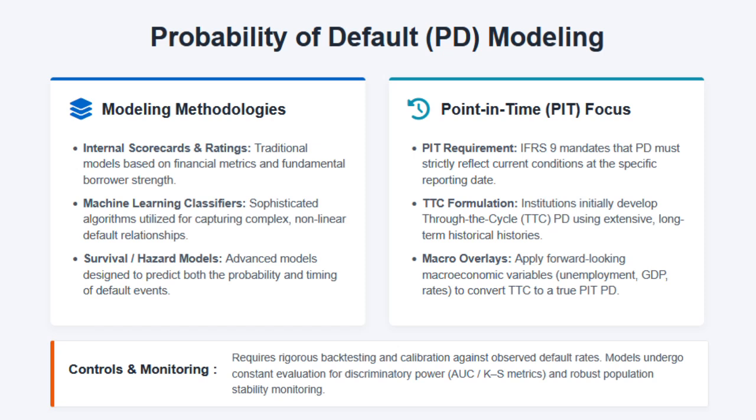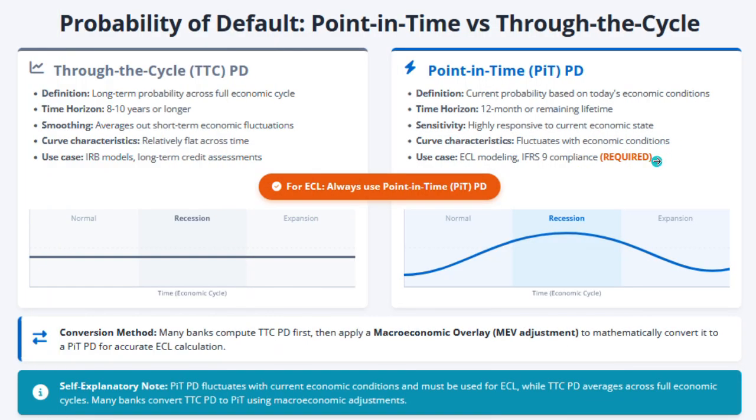The key requirement is that PD must be point in time, which should reflect the current economic conditions. Banks might first develop the through-the-cycle PD, TTC PD, based on longer-term historical data, and then apply macroeconomic overlays to convert it into point-in-time PD. This is important because it captures both the fundamental creditworthiness of the borrower and the current state of the economy.